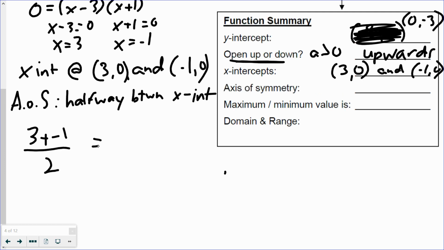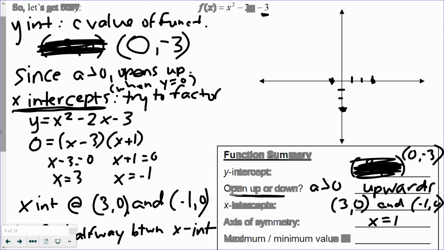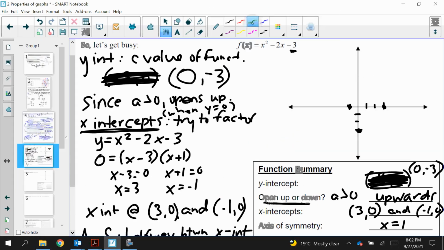So 3 plus negative 1 is 2. 2 divided by 2 is 1. So the axis of symmetry is the line x is equal to 1. And so usually, if you're drawing that on, you'll maybe draw it as a dotted line, maybe in a different color, just to not confuse yourself. So that's the line x is equal to 1. That's our axis of symmetry where it should fold over itself.